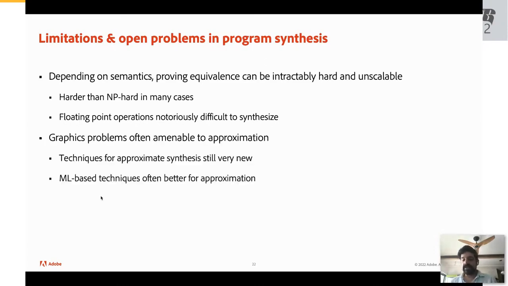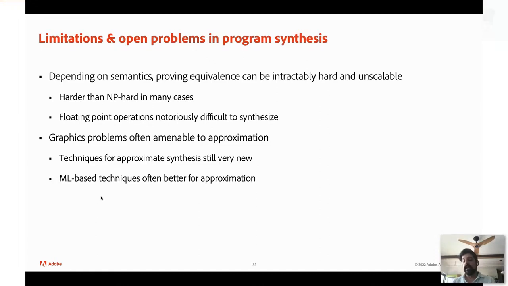The other aspect is that in high performance graphics, a lot of our problems are amenable to approximation. So approximate synthesis is an area where there's a lot of research happening. It's still fairly new, and the techniques are fairly limited.